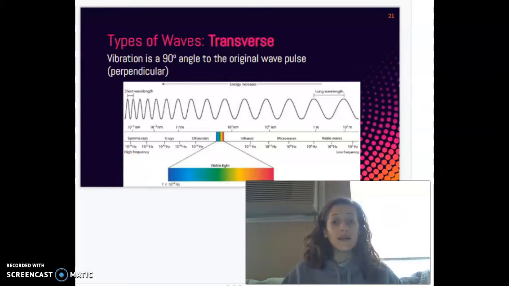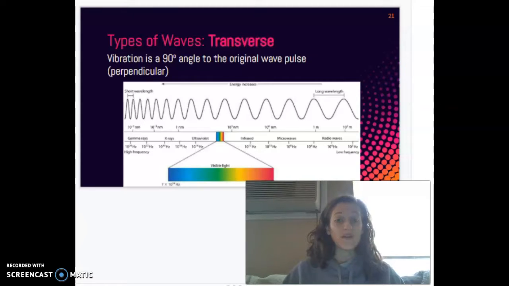And these waves on the electromagnetic spectrum are also electromagnetic waves, right? So this is a good thing for us. Otherwise, the Earth would be a very, very, very cold place, because if light from the sun needed a medium, we would be in trouble.